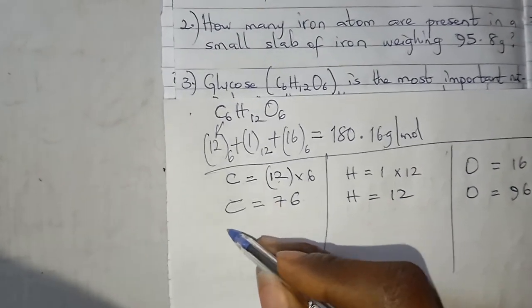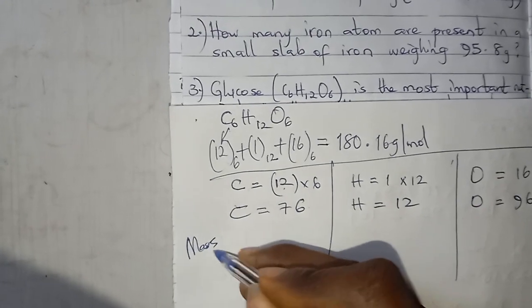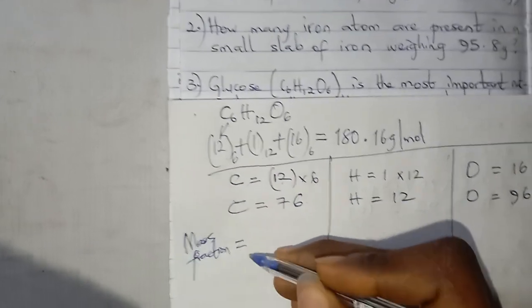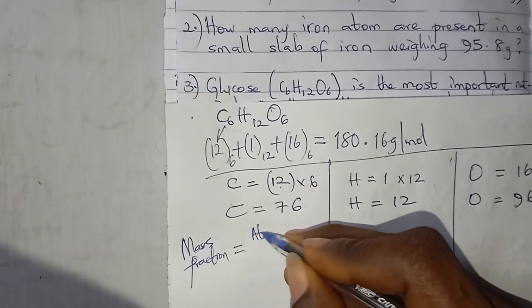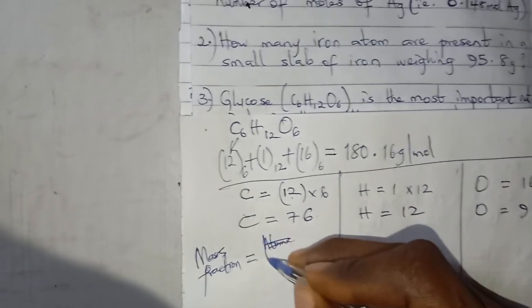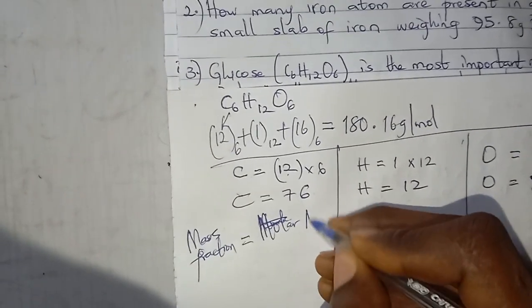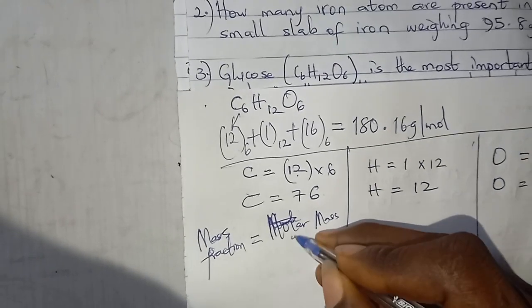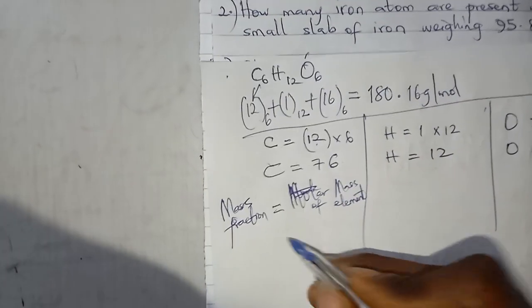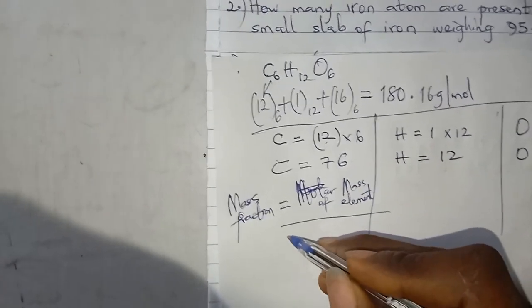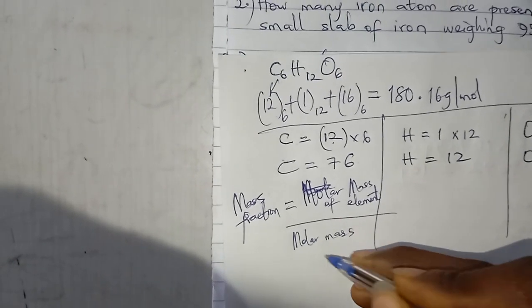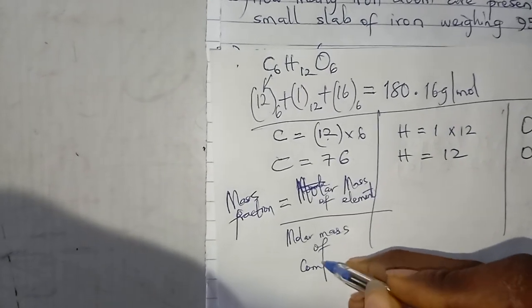To get the mass fraction, it is simply the molar mass of the element over the molar mass of the compound.